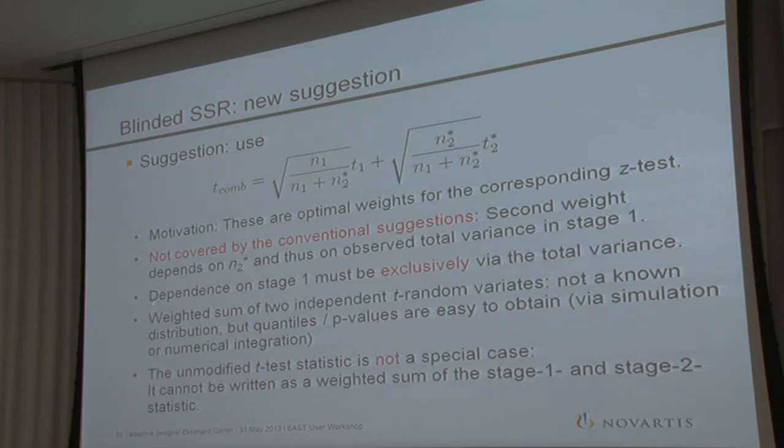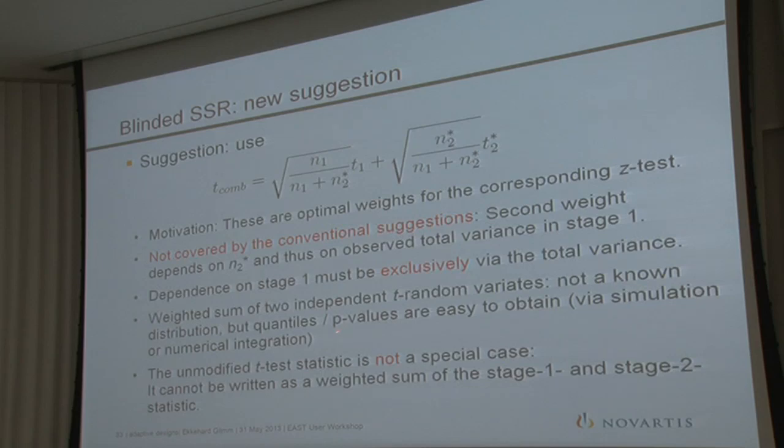But it's only allowed because the dependence on the stage 1 is exclusively via this total variance. So that is the only quantity that is used from the stage 1 to do the sample size re-estimation. And you are explicitly using this in this situation.